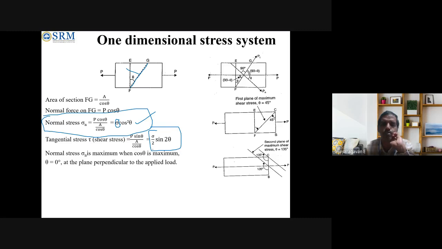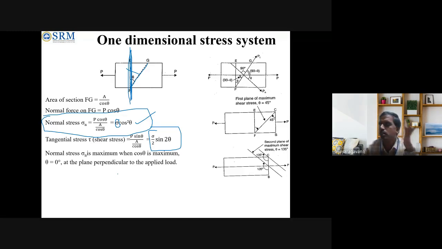So when will cos be 1? When theta is 0 degrees. When theta is 0 degrees, that is, on the plane perpendicular to the applied load, you will have the maximum normal stress.